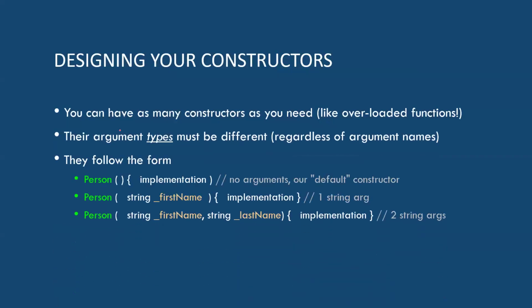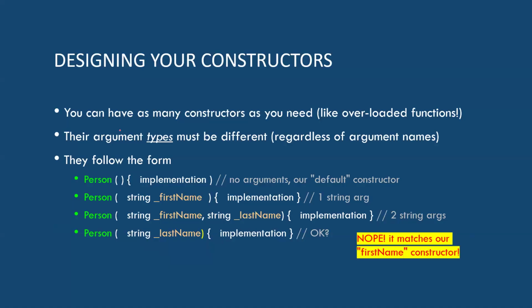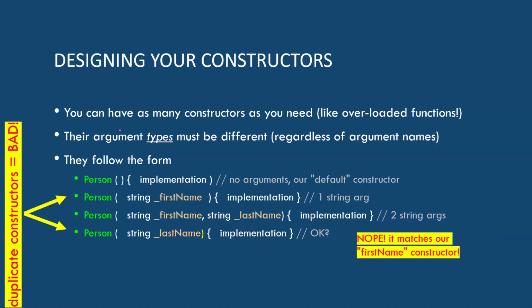So as we mentioned, you can have lots and lots of constructors, but we have to be really careful because this situation is a problem. So we see first name, last name, and we think, oh, these are different, but all C++ sees is this and this. And it's like, hey, these two things are the same, okay?